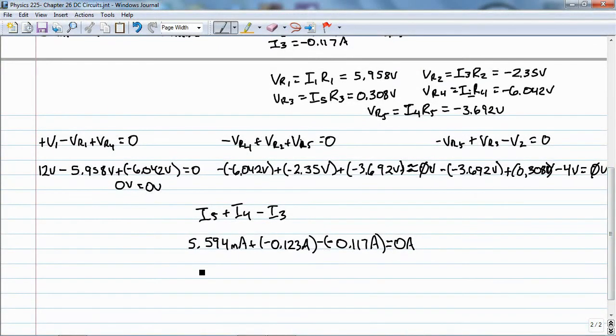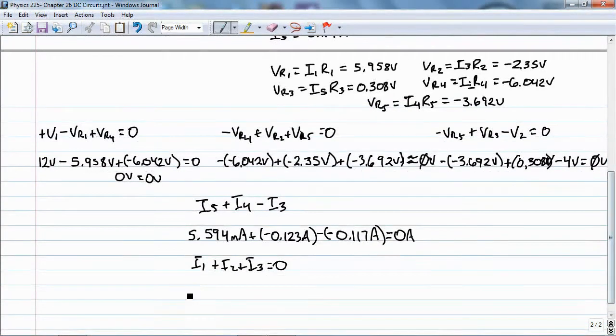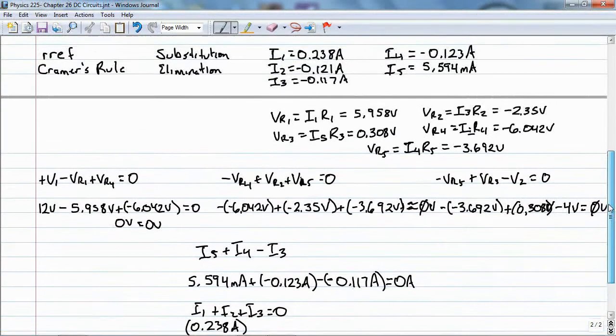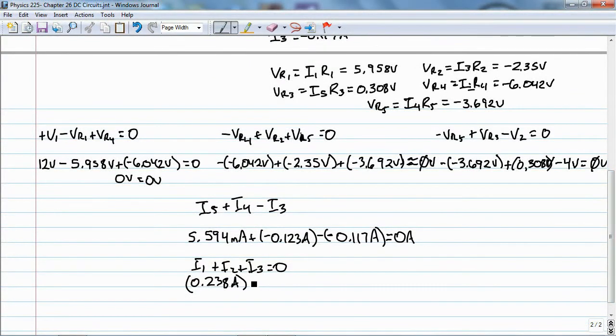And for the last one, we have I1 plus I2 plus I3 equals 0. I1 is 0.238. I2 is negative 0.121.